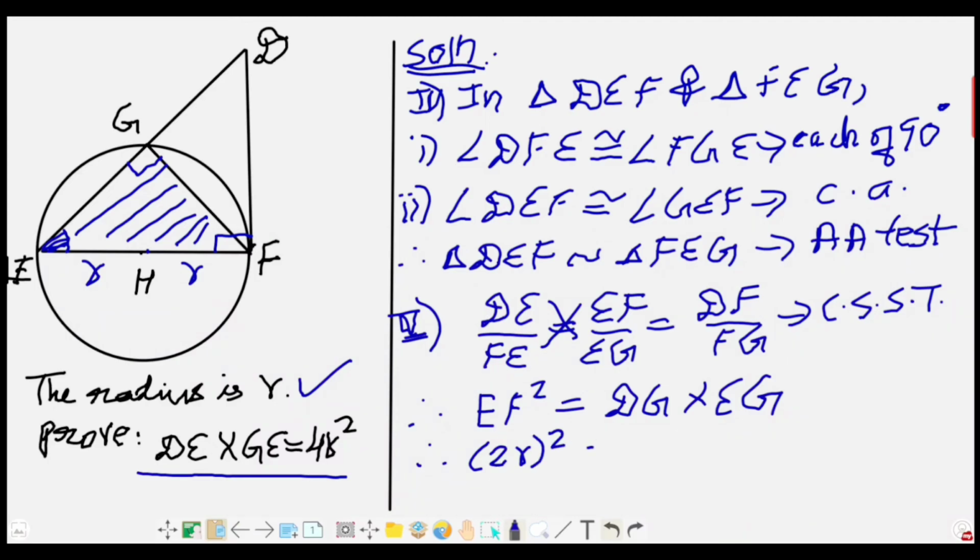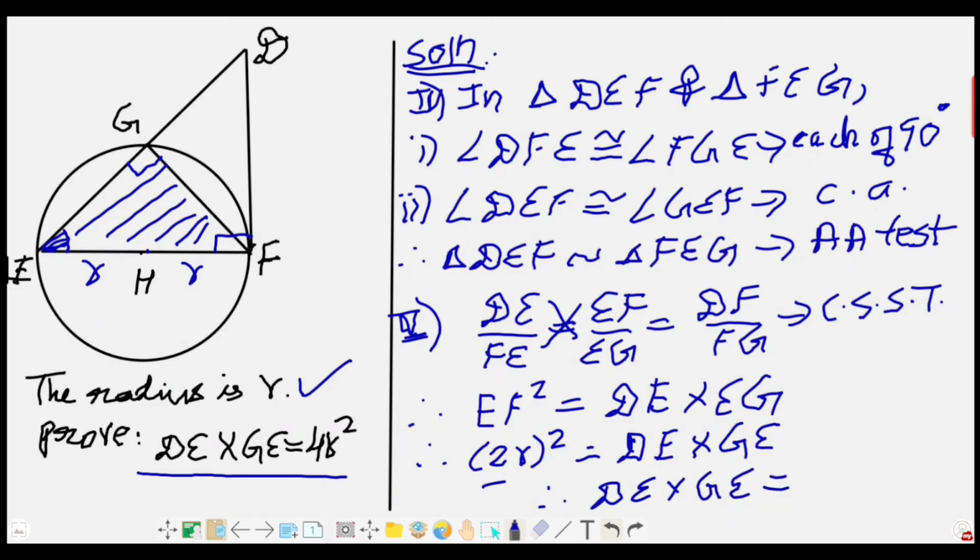Now DE, by mistake I had written DG, so DE I am keeping as it is. This I can write as GE. So your DE into GE will be the square of 2R, which is 4R square. This only was asked to prove, students.